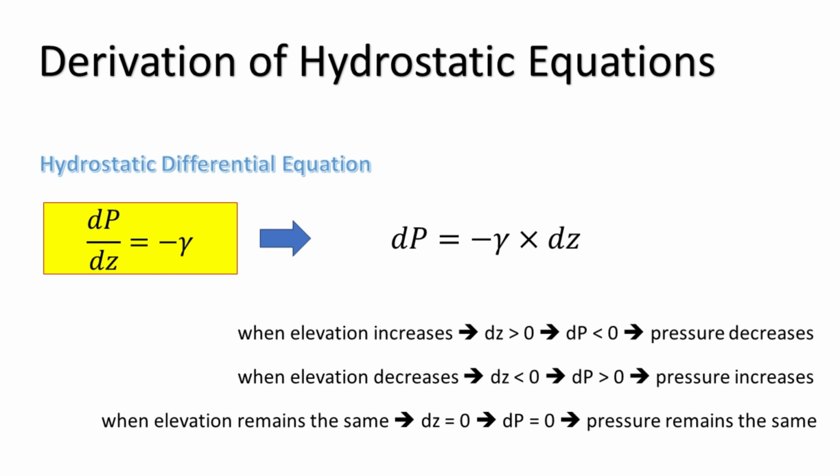That is, when elevation increases, dz is positive, then dp would be negative, meaning that hydrostatic pressure decreases. When elevation decreases, dz is negative, then dp would be positive, meaning that hydrostatic pressure increases. When elevation remains unchanged, dz is 0, then dp would also be 0, meaning that there won't be any change in pressure in this situation.